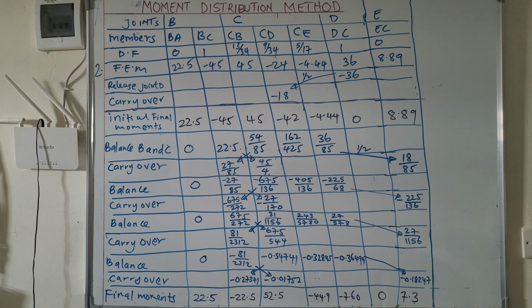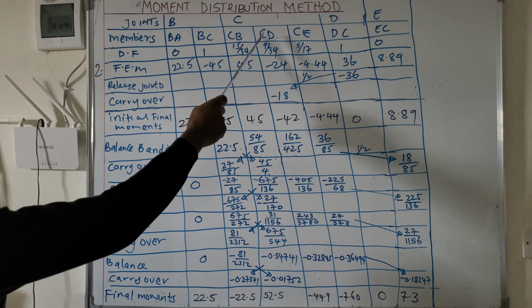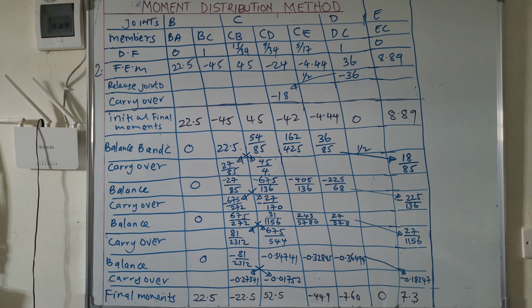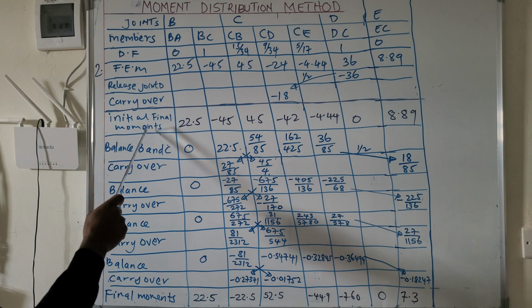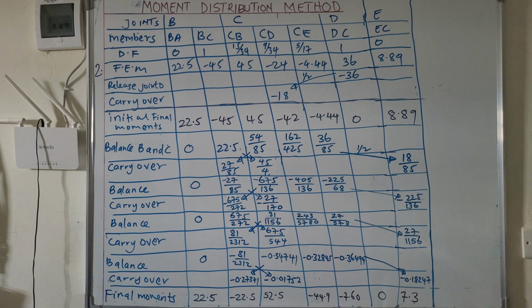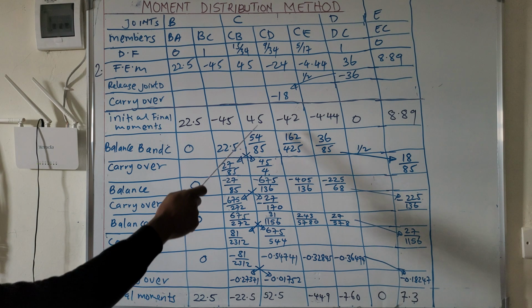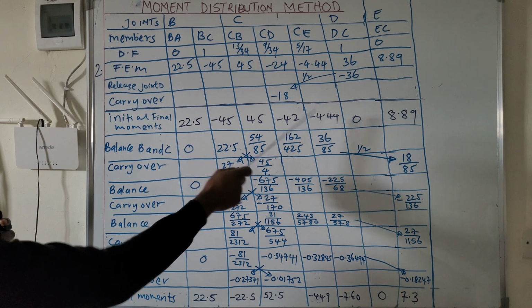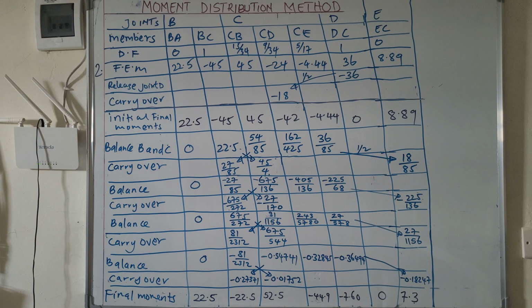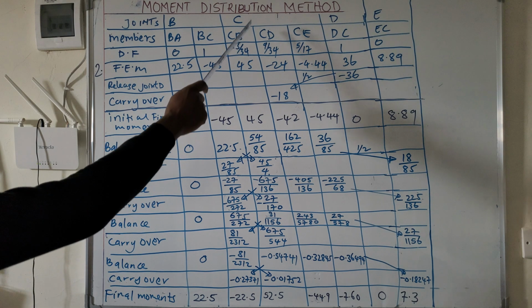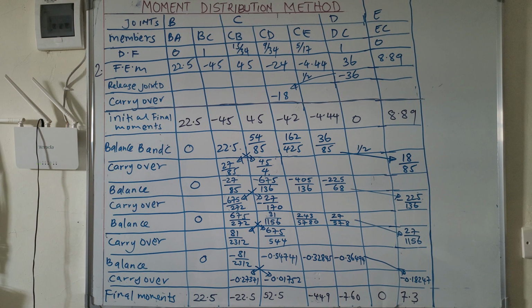Joint C has members CB, CD, and CE. If we add these initial moments, it should give you 0. For example, 45 plus minus 42 plus minus 4.44. If the answer is not equal to 0, this joint is not in balance, so you have to distribute your answer to make it balance.